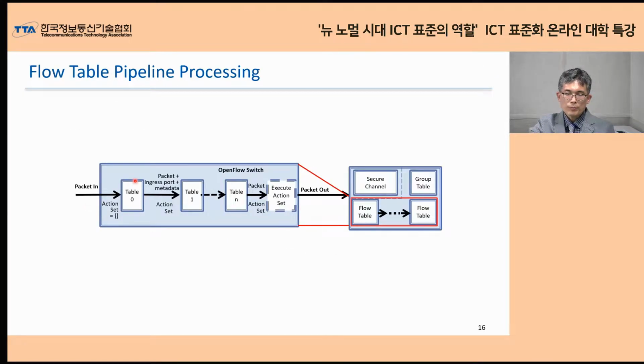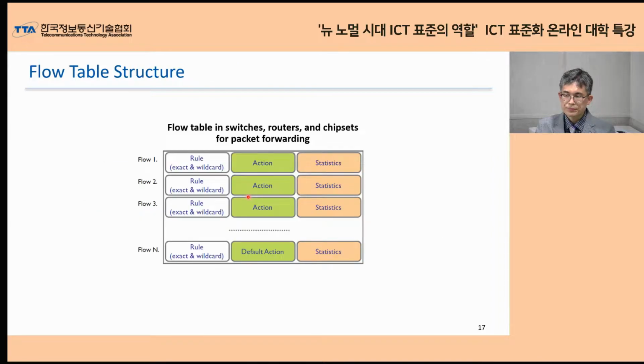In the OpenFlow pipeline processing case, we can see multiple tables interconnected in a serial way. So one packet comes in, is processed by table 0, and then table 1, and so on. Table n can process in a serial way.